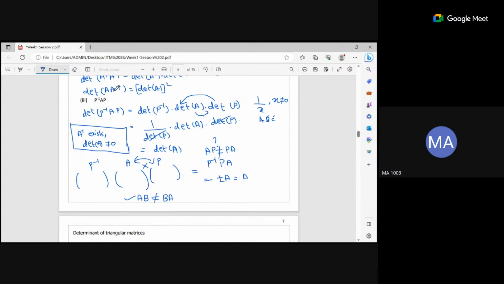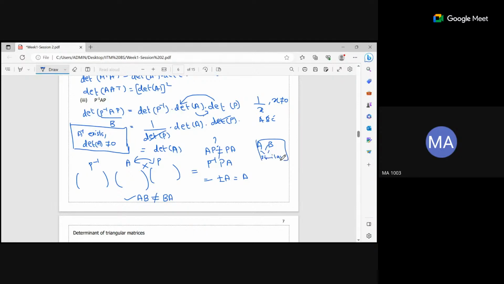Suppose this matrix is called B. Then you call A and B similar matrices. Whenever a matrix's inverse and the matrix itself are multiplied in the front and back, then those matrices A and B are called similar matrices. This is just a comment, not required. Just information.